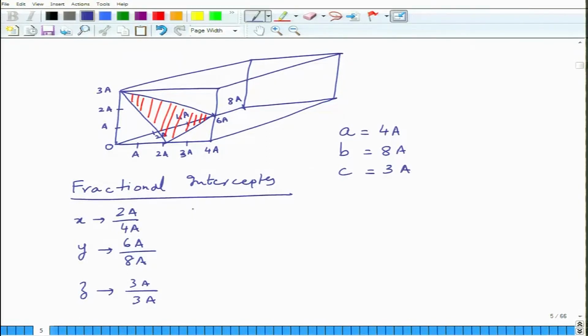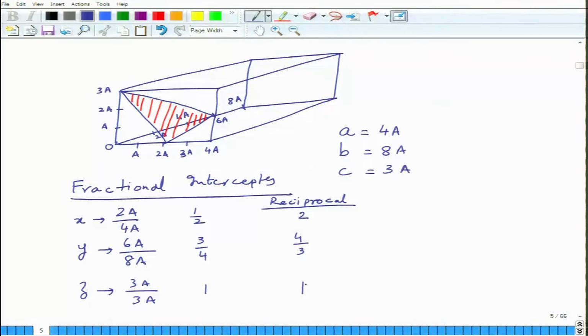So this is 1 over 2, this is 3 over 4, and this is 1. Now you need to convert this into reciprocal. The reciprocal of this is 2, 4 by 3, and this is 1.